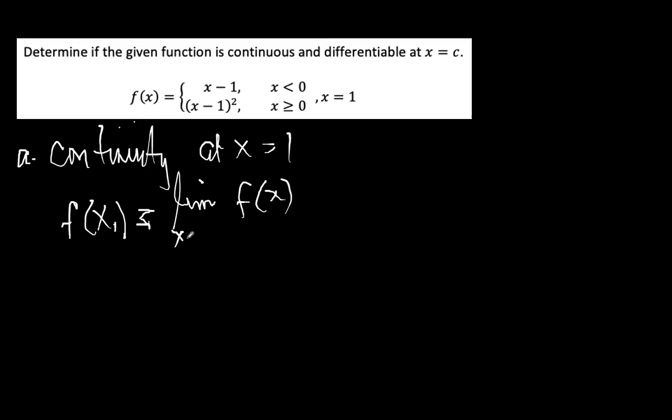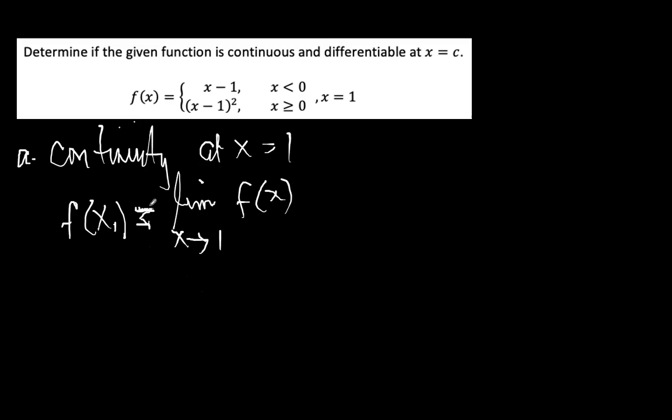Let's test for continuity at x is equal to 1. Again, we have three conditions to check if a given function is continuous or not. But in short, we just need to show that f of 1 is equal to the limit of f of x as x approaches 1.